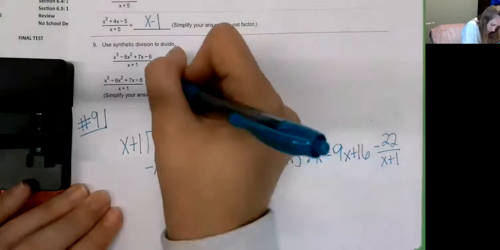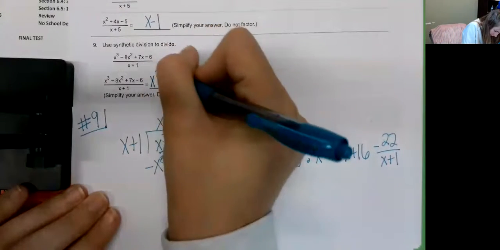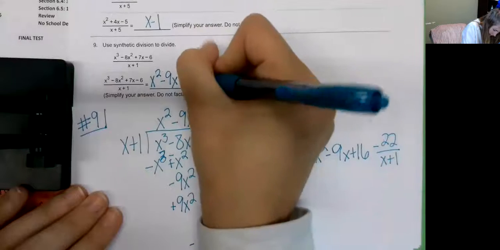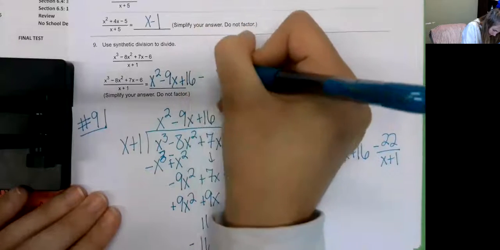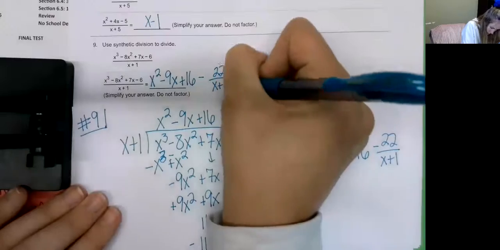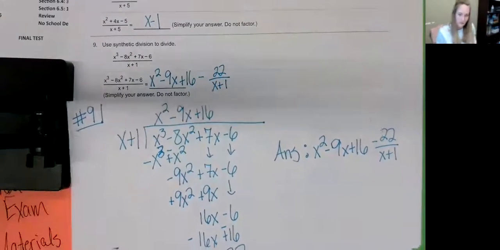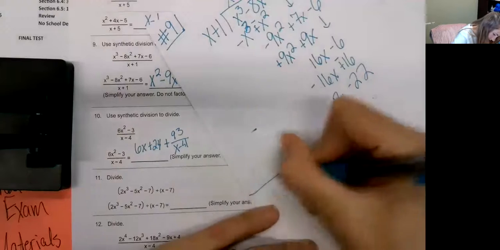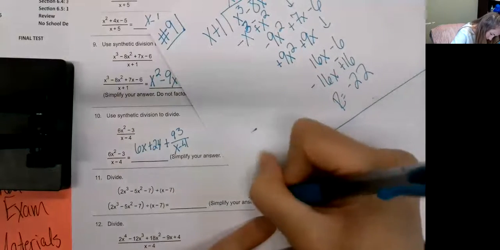So we have x squared subtract 9x plus 16 subtract 22 over x plus 1. Lovely. Next is 11, because we already did number 2.